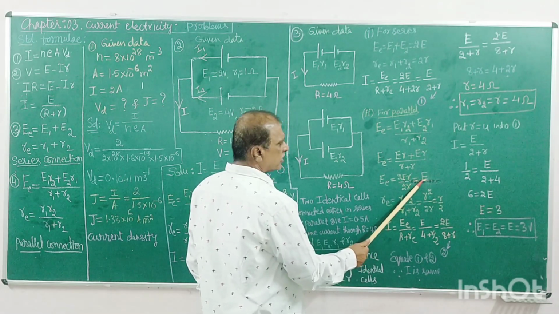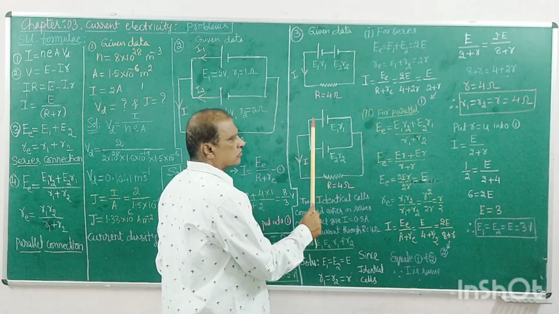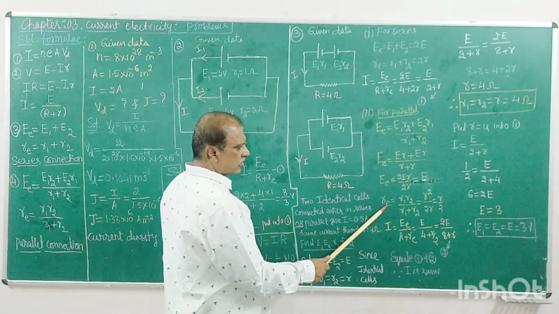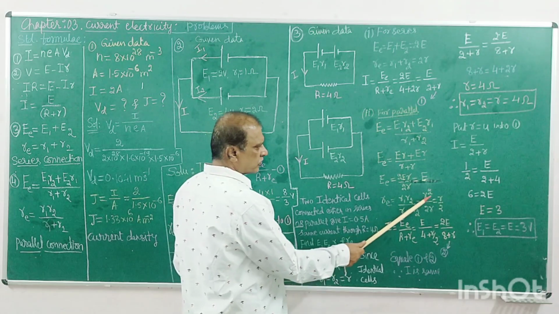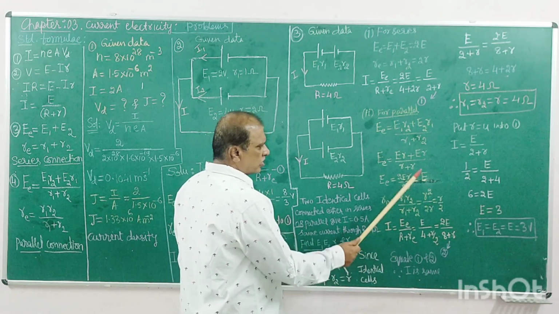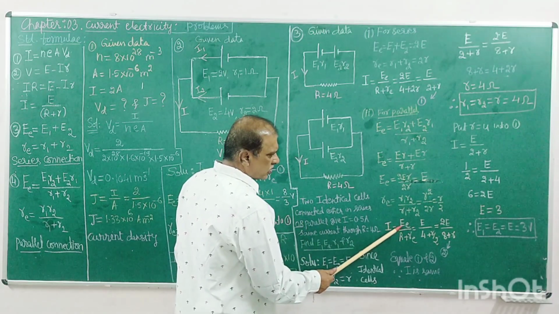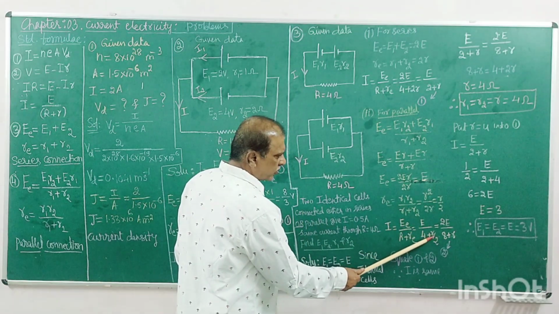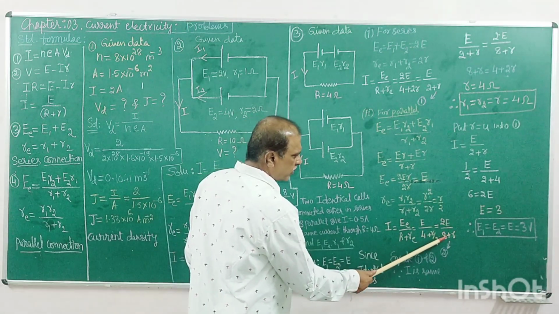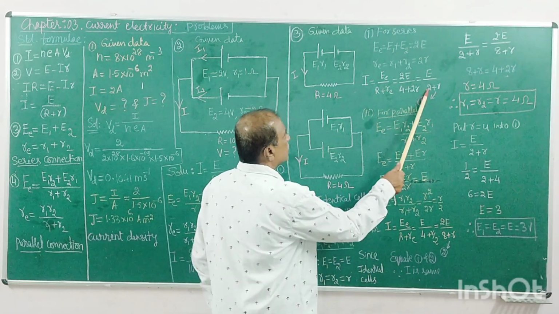The effective EMF of this connection is E. Similarly, calculate the effective r, which is r by 2. Then put them into the equation: E divided by r by 2 plus R. Take the LCM and simplify: I equals 2E divided by r plus 2R for this.